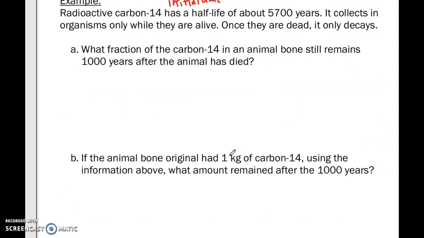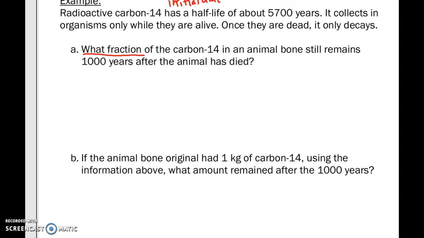In this example, radioactive carbon-14 has a half-life of 5,700 years. It collects in organisms only while they are alive. Once they are dead, it only decays. It asks, what fraction of the carbon-14 in an animal bone still remains 1,000 years after the animal dies? The phrase "what fraction" is the same as saying what factor.